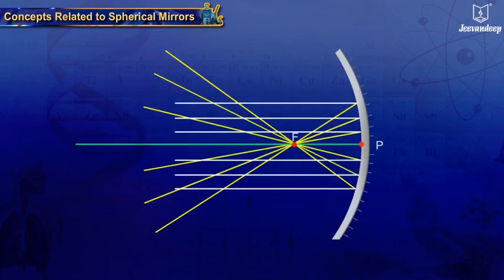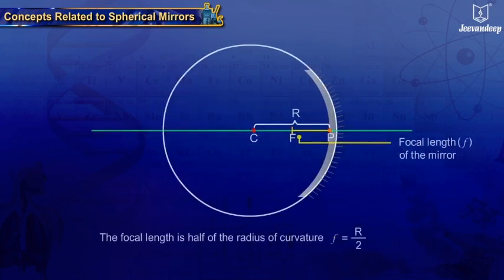Focal length, represented by small f, of a spherical mirror. The distance between the pole and the focus of a spherical mirror is called the focal length, small f, of the mirror. The focal length is half of the radius of curvature. That is, focal length f is equal to R upon 2.